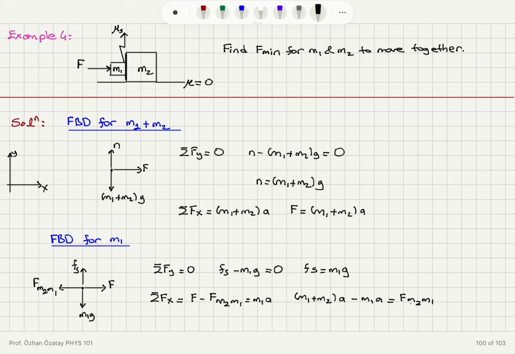So m1a will cancel, so I see that the force exerted by m2 on m1 must be equal to m2a.